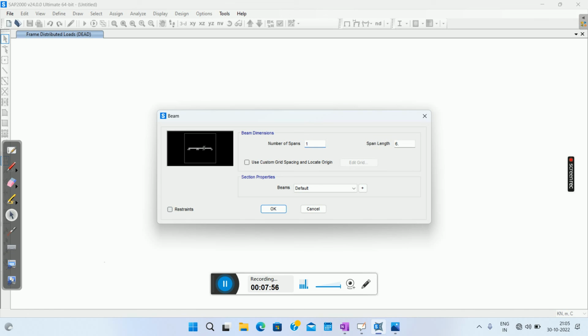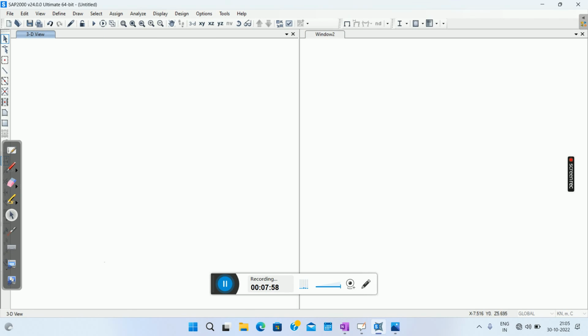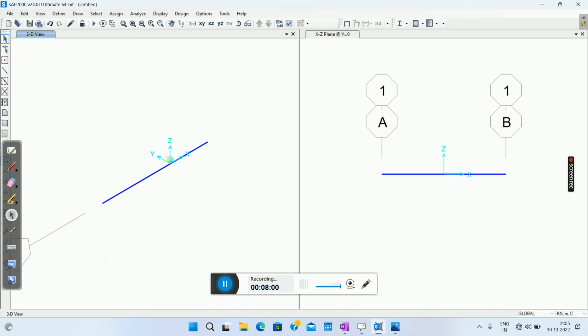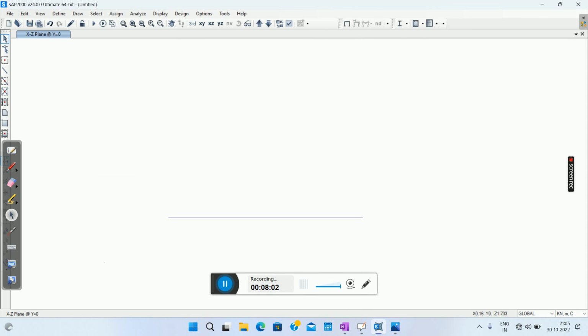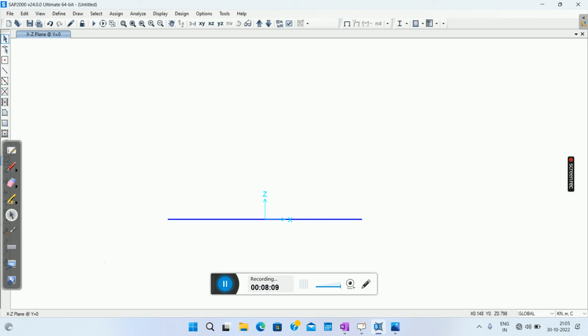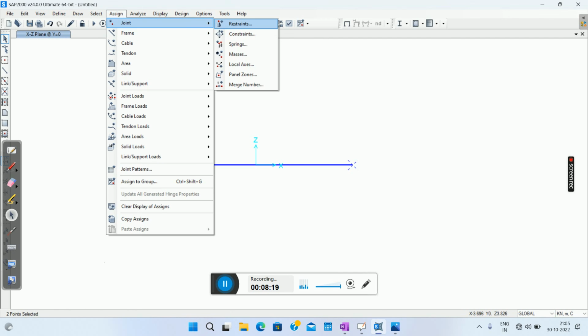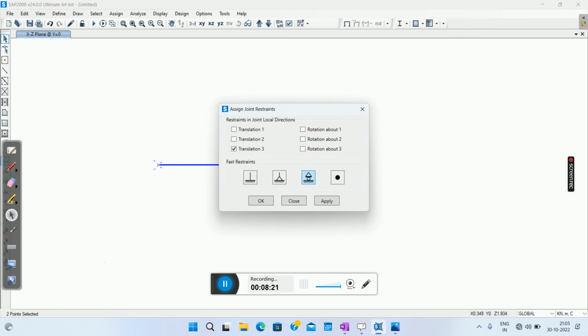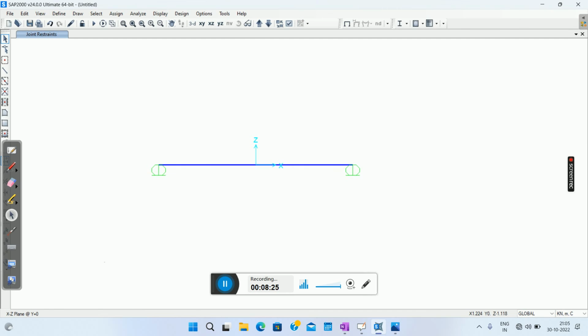I will remove the restraints. You can close this grid drawing. First job is to assign the supports. Select these two joints, go to assign, joint, restraint, simple support, apply, close.